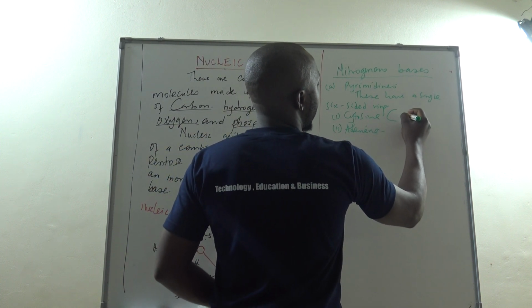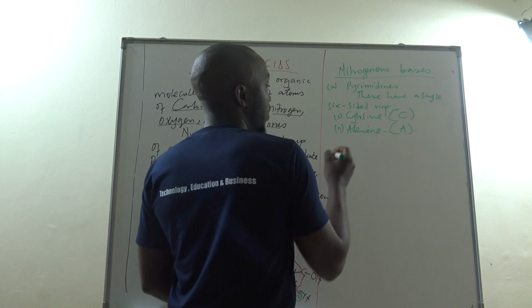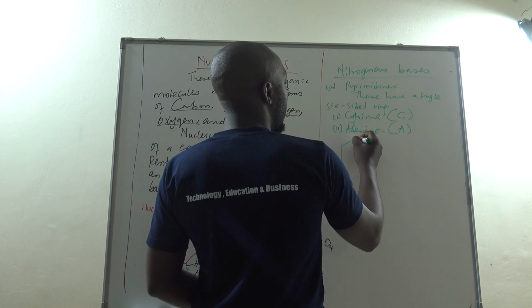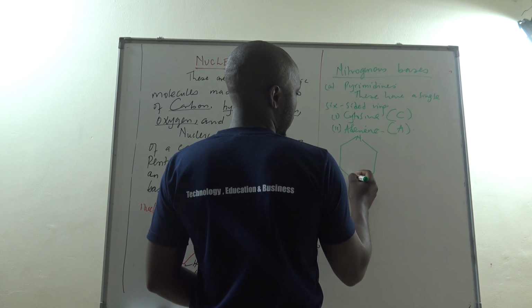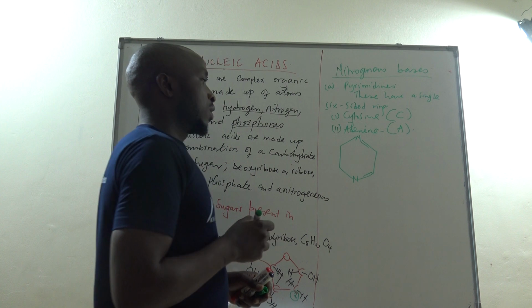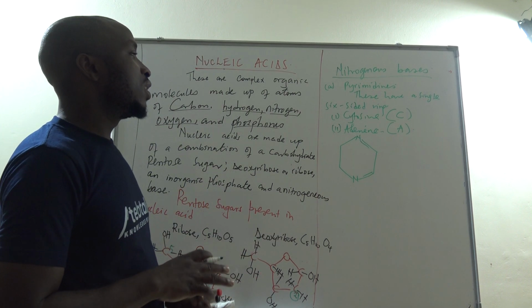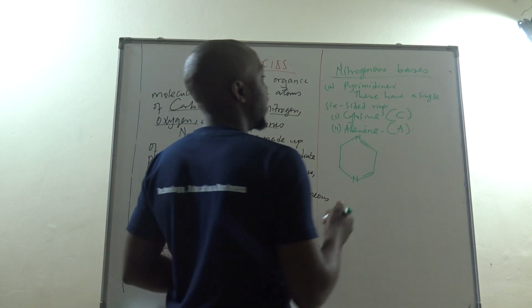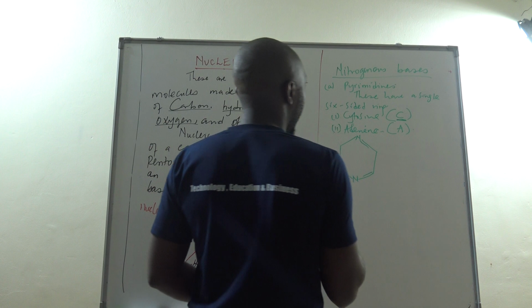This is abbreviated as C, this is abbreviated as A. So they take up a 6-sided ring, but with nitrogen in it. Such a ring is what they take up. So they are called pyrimidines, represented in our subsequent sessions with a C or an A.